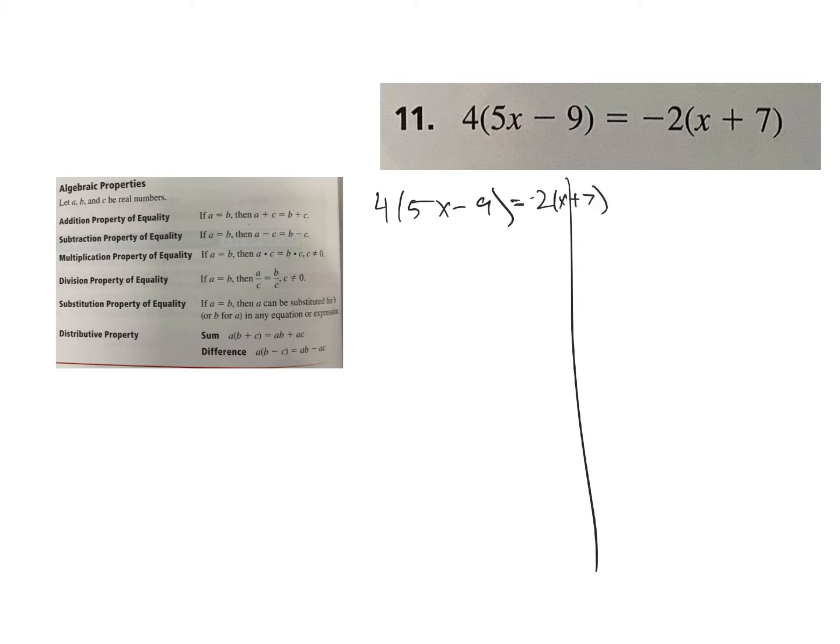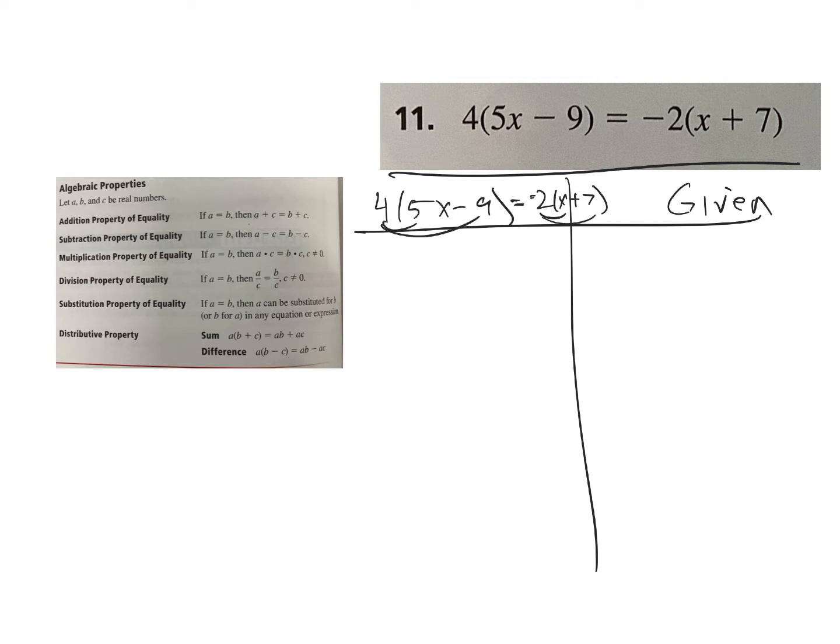All right, so again, everybody write given there. Okay, now we're going to go ahead and distribute twice. So that's 20x minus 36 equals negative 2x minus 14. So that's the distribution property of equality.